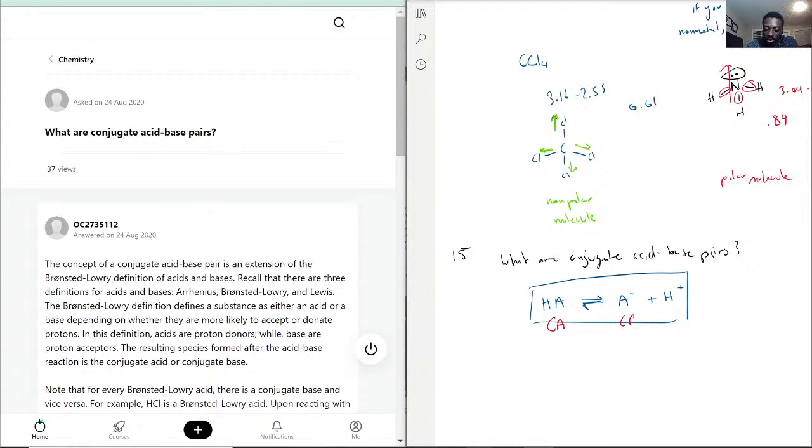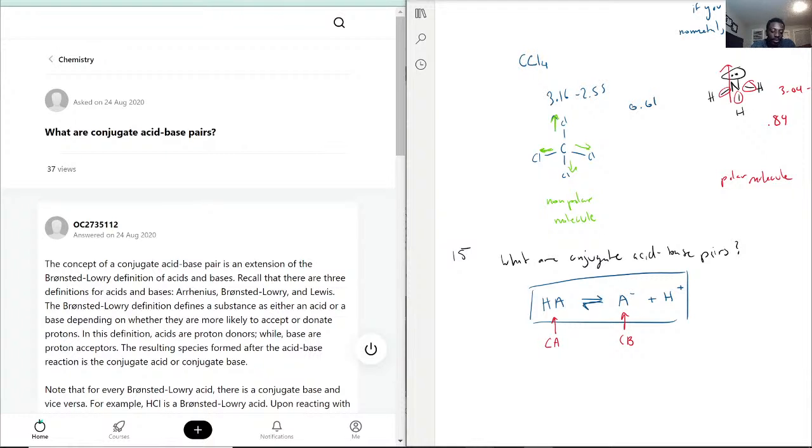This is the conjugate base, okay? So if I were to just write this outside so we can read it a little bit easier, okay? The reason being is because the conjugate acid is the molecule that still has the H, okay? So that is a conjugate acid. The conjugate base is the same molecule, but now it's missing that hydrogen, okay?